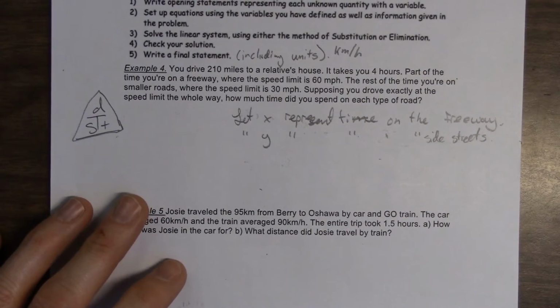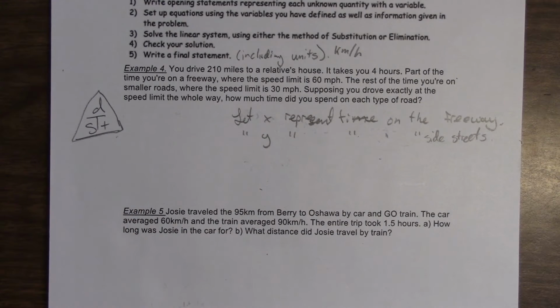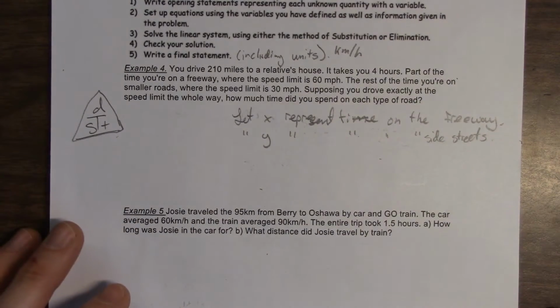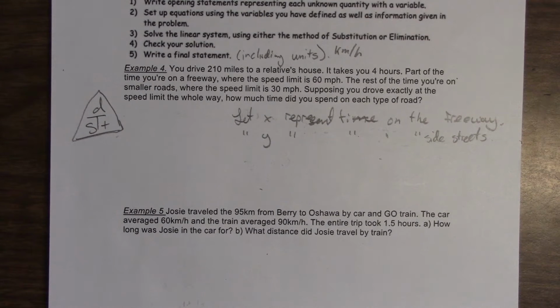Okay. I like that. Any questions there? That was pretty easy. Got a free mark just for writing out what it's asking you to find, pretty much. Now the hard part, creating the equations.